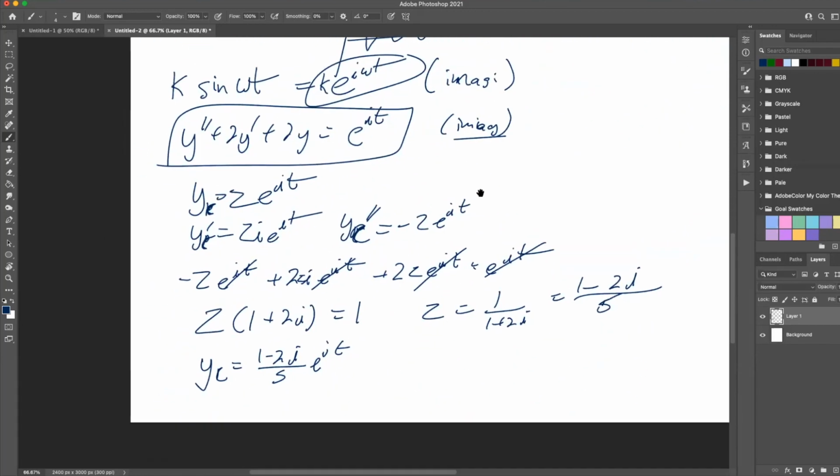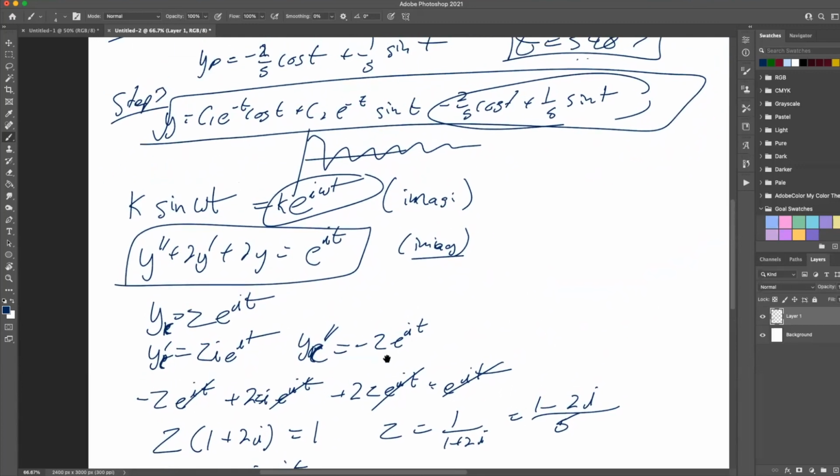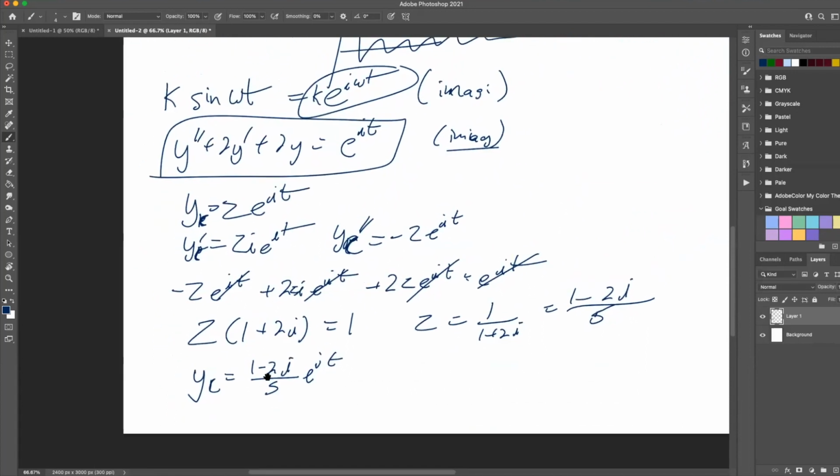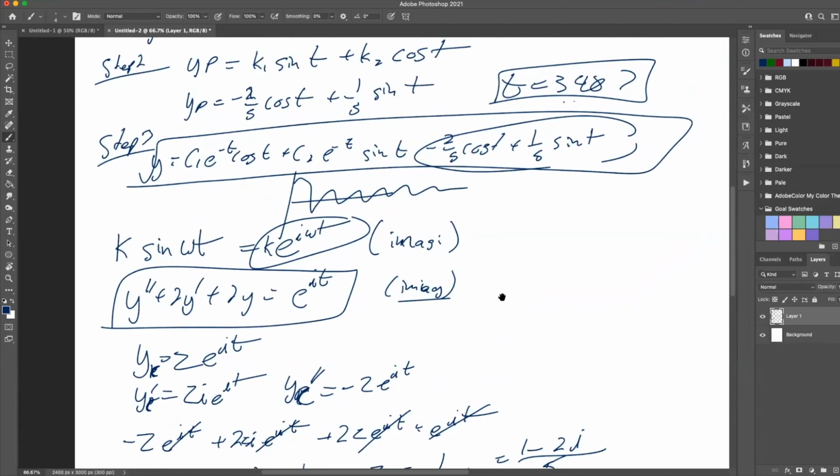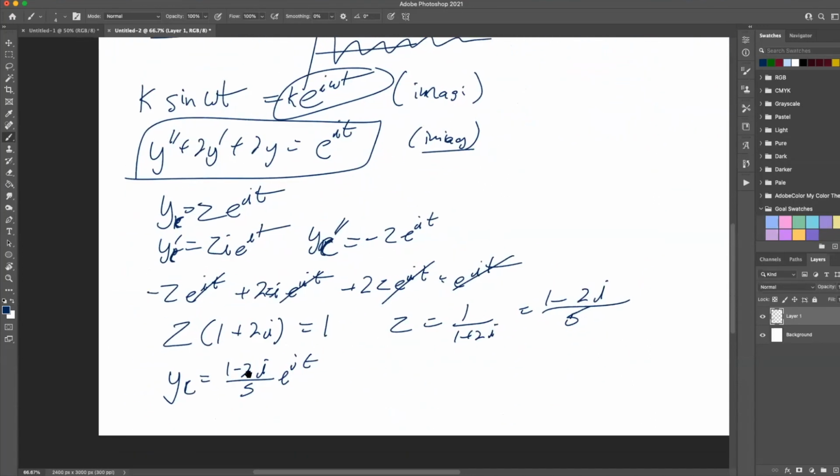If I plug this through and take the imaginary part, because this will become cosine plus i sine, the i's multiply together, give us the positive right here, and then this gives us a negative, and this comes together, gives the positive sine of t for the i's, and we can get that solution.